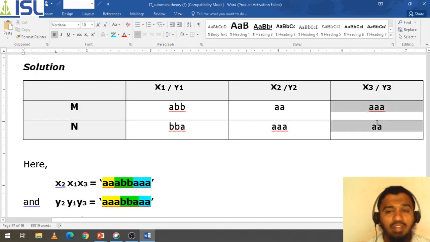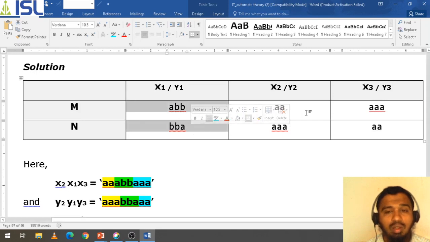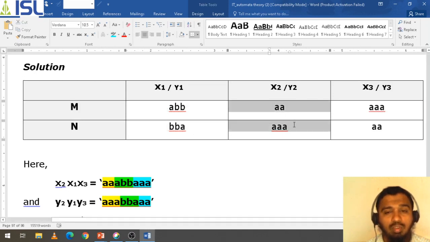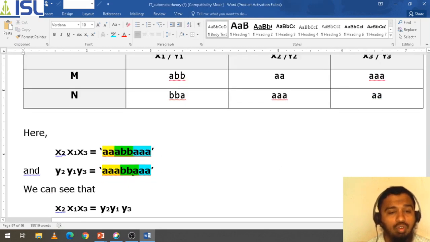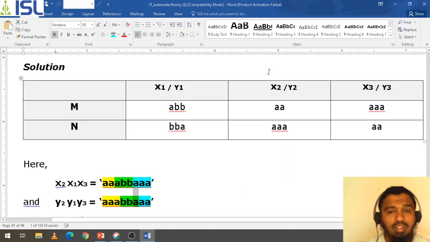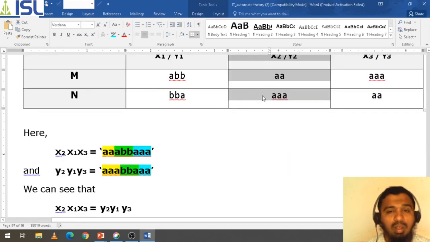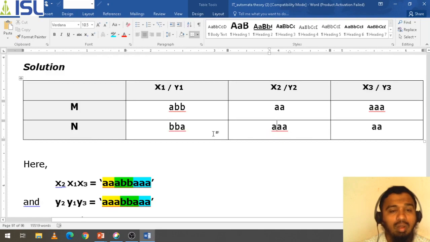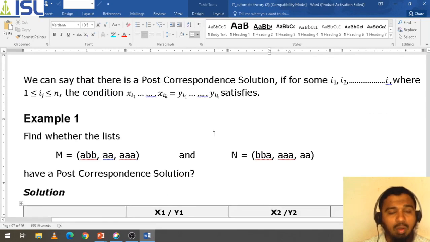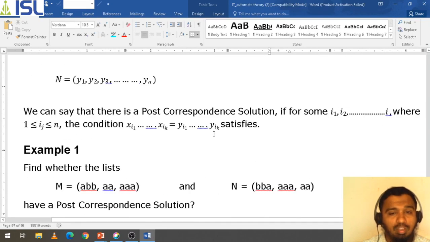Okay, first you can take this, then second you can take this one, or you can take this one, but the bottom should not have extra at first. So you must take x2 first, because the bottom has more and the top has less. So this is a solution for the PCP, Post Correspondence solution.